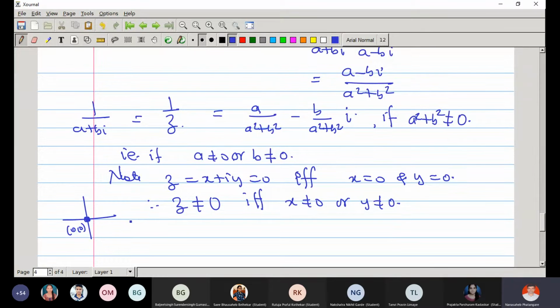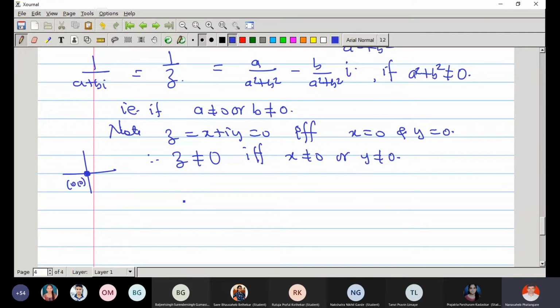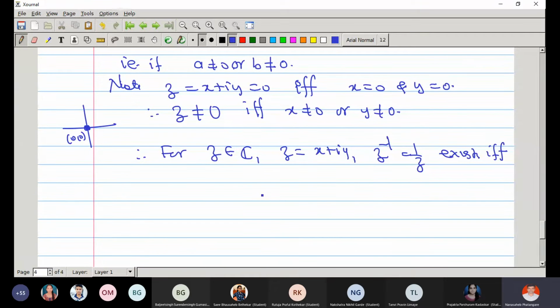Correct. And therefore, what is the conclusion from this? Therefore, for Z belongs to C, Z equal to x plus iy, Z inverse or 1 by Z, the multiplicative inverse, exists if and only if Z is a non-zero complex number.